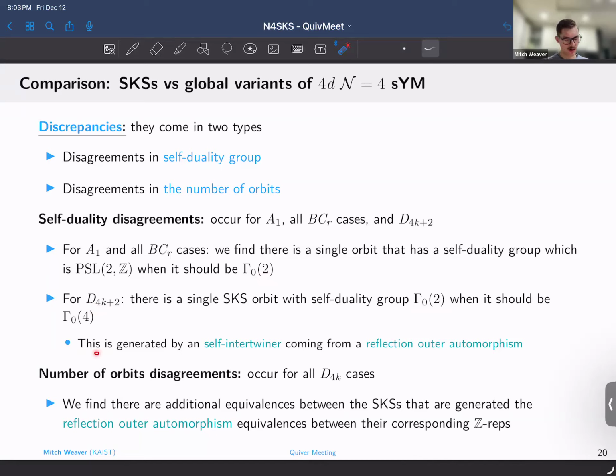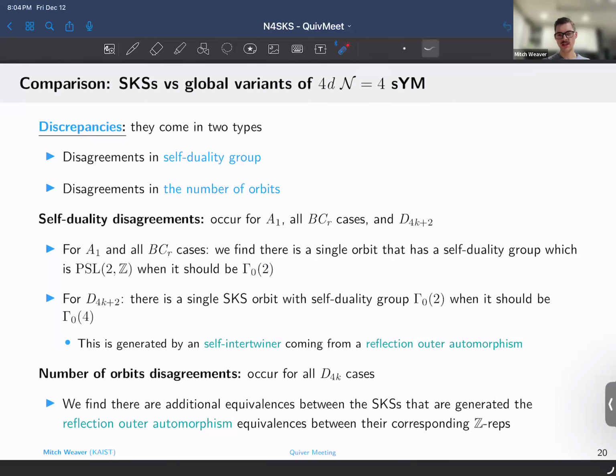And this one, we sort of know why this discrepancy occurs, and it's because there is a self-intertwiner coming from one of these reflection-preserving outer automorphisms of the Weyl group, and at least in this case, it corresponds to the outer automorphism of the Lie algebra D4K+2, and this just wasn't taken into account in the RBTL paper.